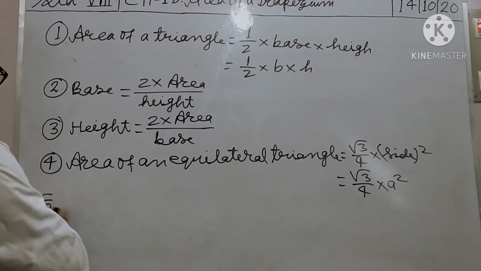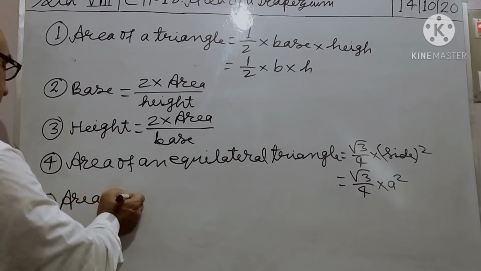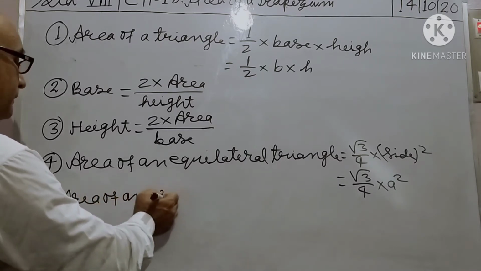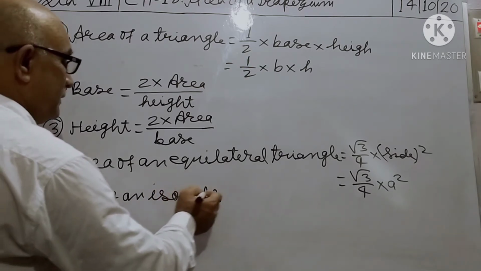Formula number 5, area of an isosceles triangle.